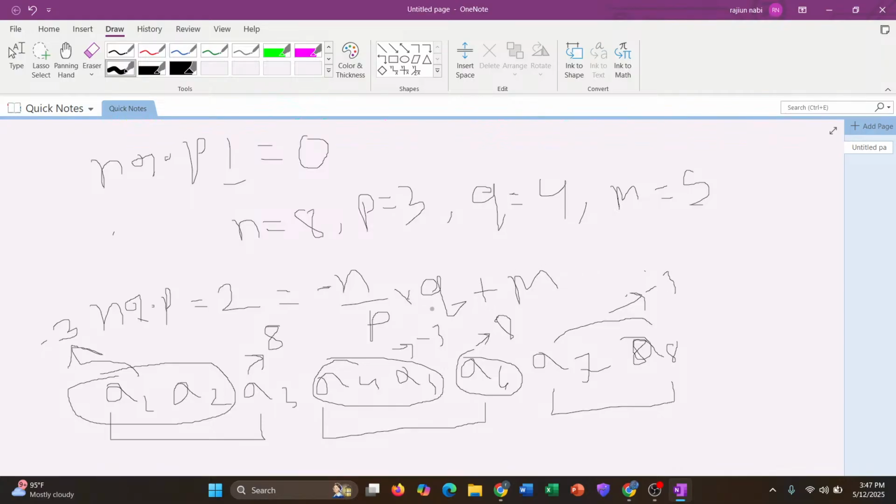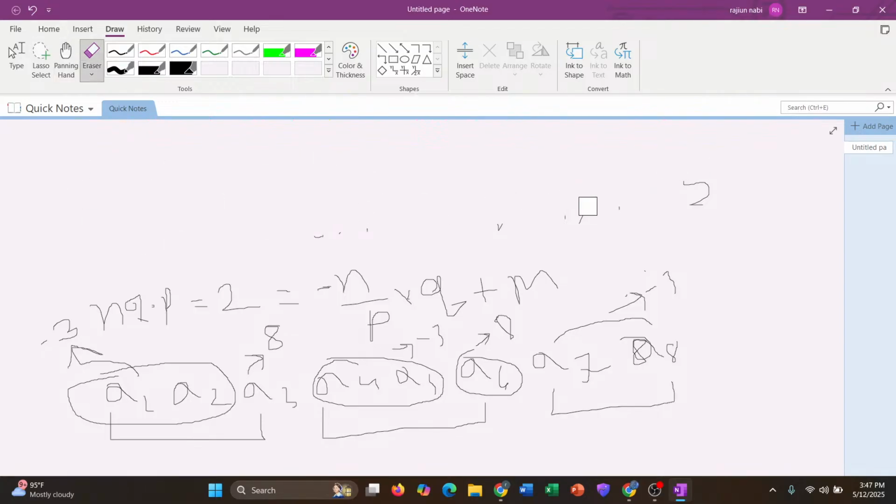So if we now calculate the overall sum of the whole array, this is -3 plus this is 8. This is -3, this is 8, and this is -3.